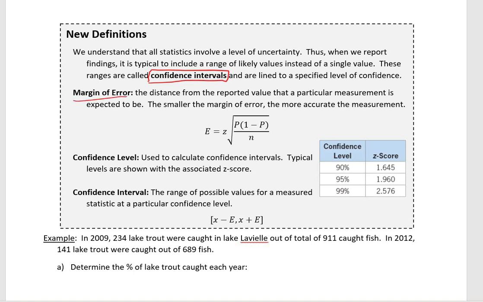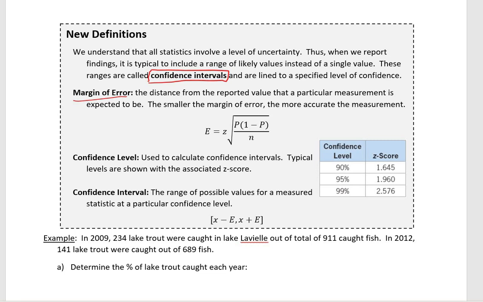So that's just the distance from the reported value, like the limits, the furthest away from our observed value in our sample that the real value is likely to be. So the smaller the error margin, the more accurate the measurement, and to calculate it, the margin of error, E, is equal to Z, which is the Z value, times the square root of P, which is the probability that we've observed of the event happening the way it did.